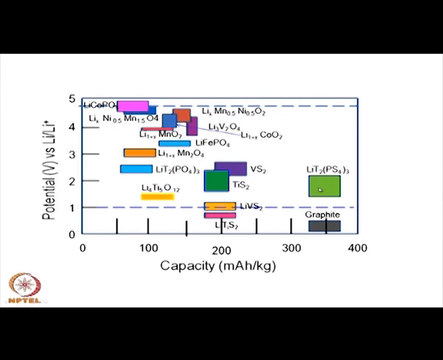These are lithium titanium phosphorus sulphate and titanium sulphide, vanadium sulphide, lithium vanadium sulphide, lithium titanium sulphide, many compounds. Lithium titanium oxide is also there, then we have titanium phosphate and so on and so forth. Here is another compound in which the M site in the MO2 structure, the cobalt, has been replaced partly by manganese, partly by nickel. So, instead of cobalt you have half manganese and half nickel.